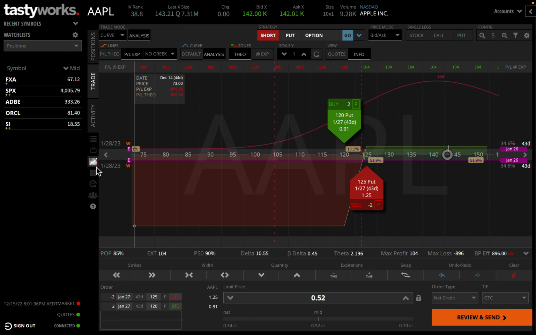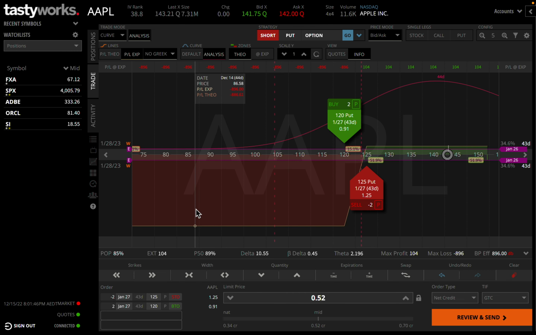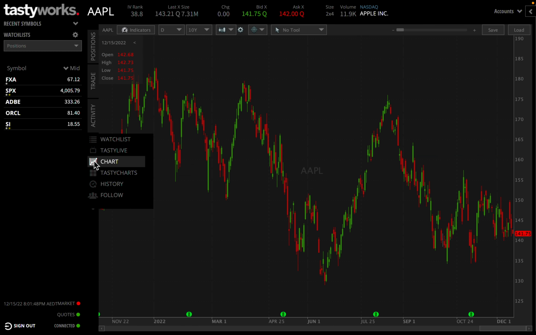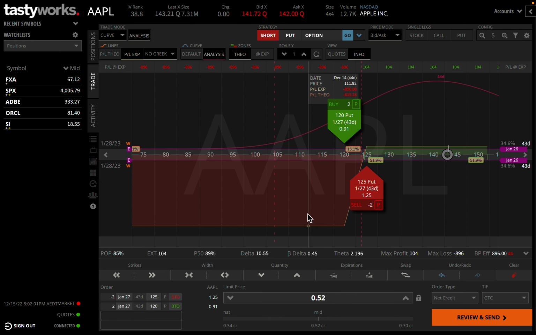So what you could do, you could buy that. And as soon as you send the order in, you will get $104 in your account straight away. And then if you leave it there until expiry, you will have that money. But if you let it go past 125 here, you will have to pay.